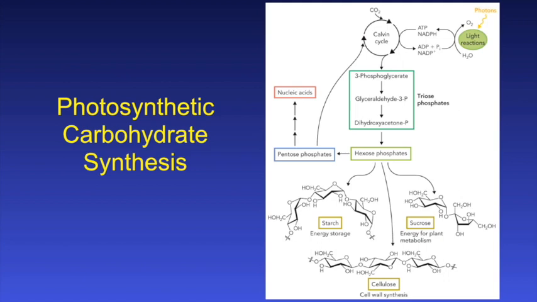I'm going to use the ATP. I'm going to use the NADPH, and I'm going to start off with a reactant that's in the atmosphere, and that is carbon dioxide. And so we're going to do the synthesis.